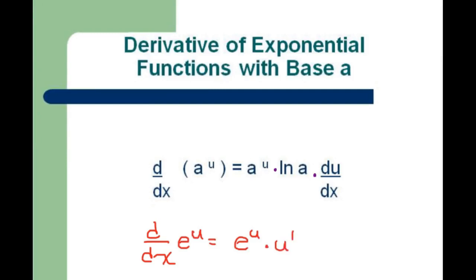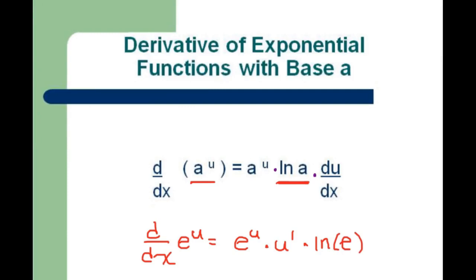But what we'll notice is different is this one has the natural log of a in it. Ironically, our e technically has that natural log in it for its derivative. It's just that, what do we know about the natural log of e? Natural log of e is always 1.